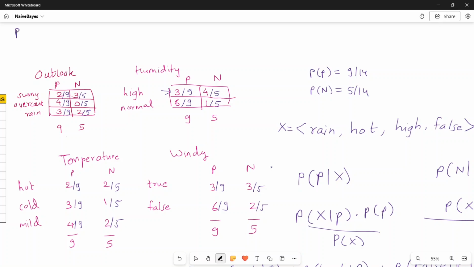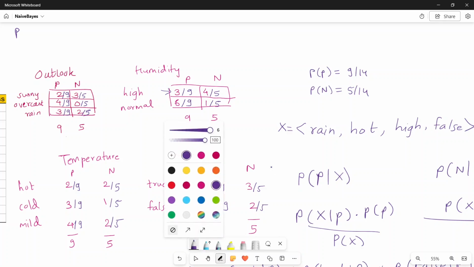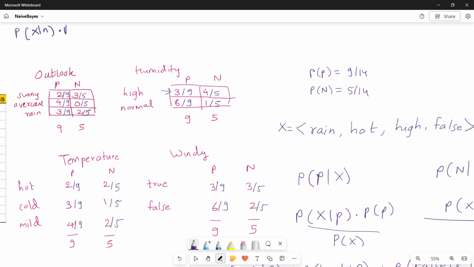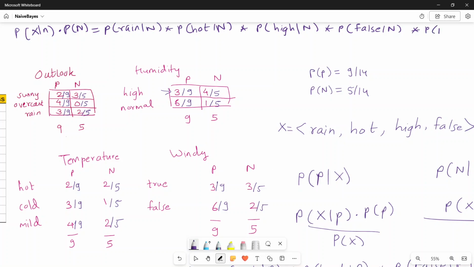So probability of x given n multiplied by probability of n is equal to probability of rain given n into probability of hot given n into probability of high humidity given n into probability of no wind given n, and again finally multiplied by probability of n.